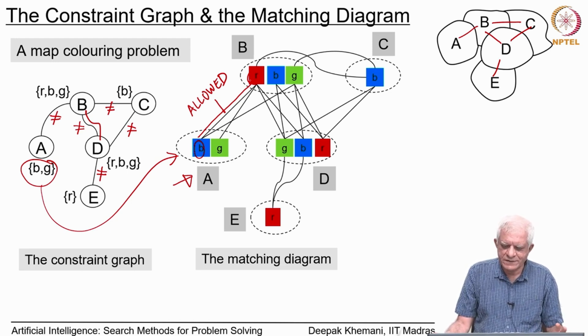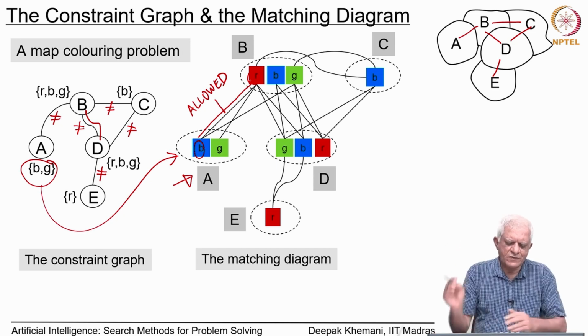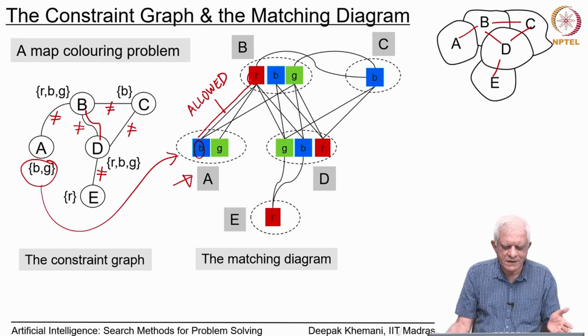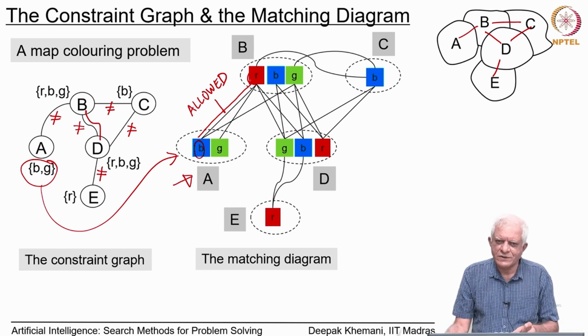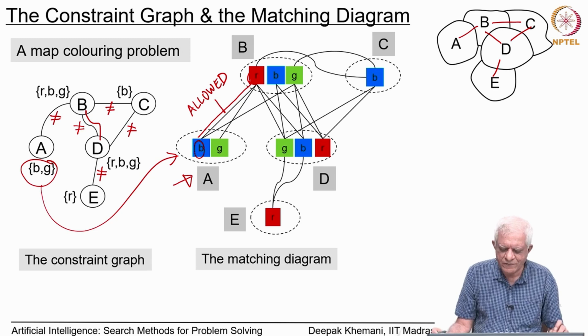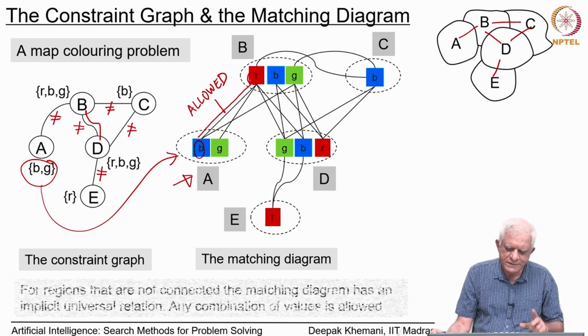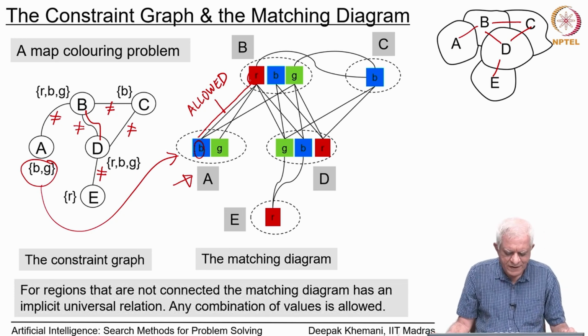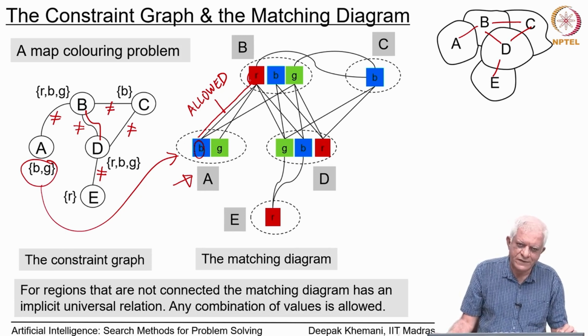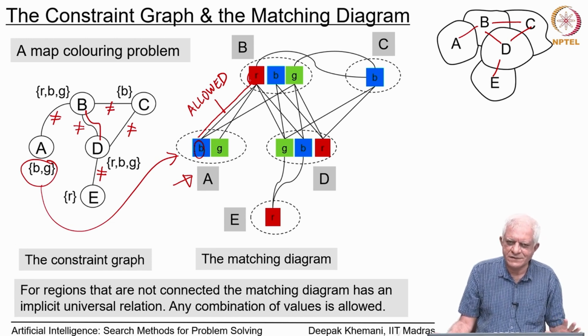The constraint graph is a graph which tells you what combinations are allowed, what variables are related to what variables, and the matching diagram tells you which values are allowed, which combination of values are allowed, essentially. Now, there is one thing which is kind of implicit here: if there is no edge between two variables in the constraint graph, it basically means that they do not constrain each other.